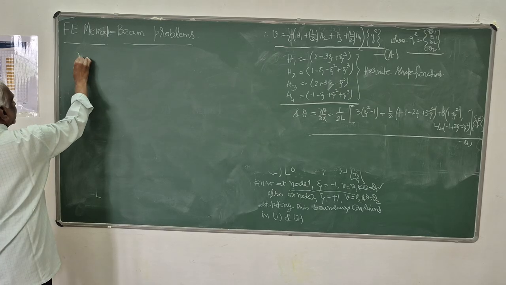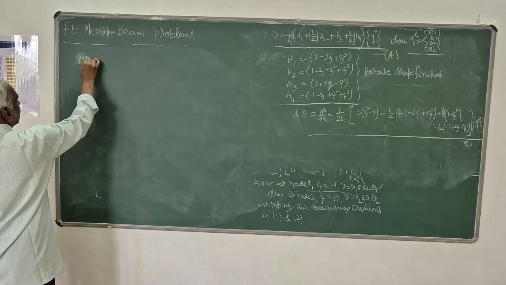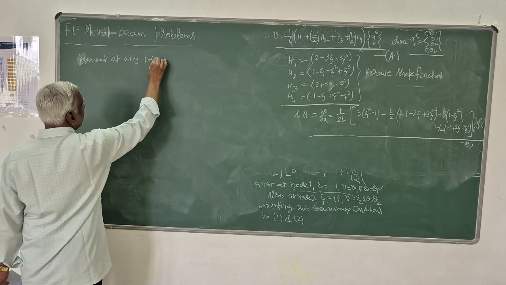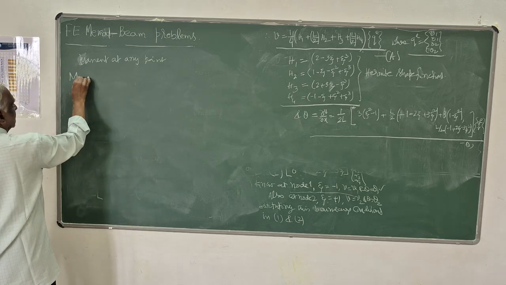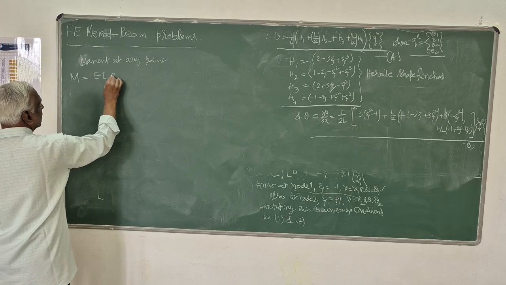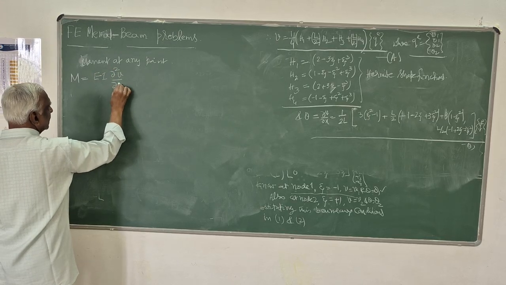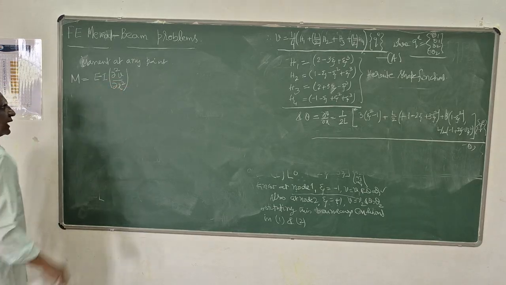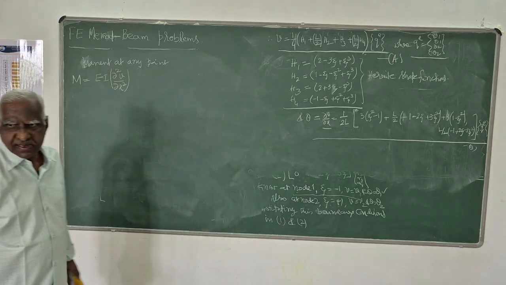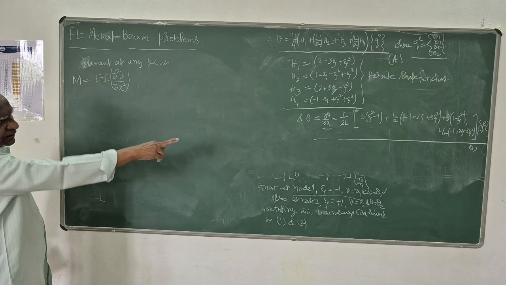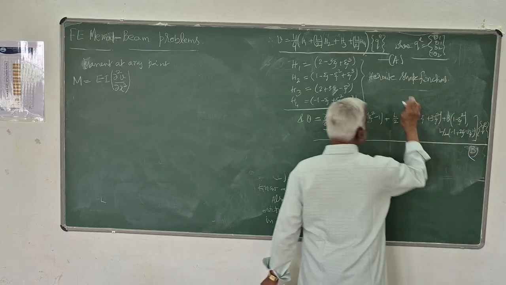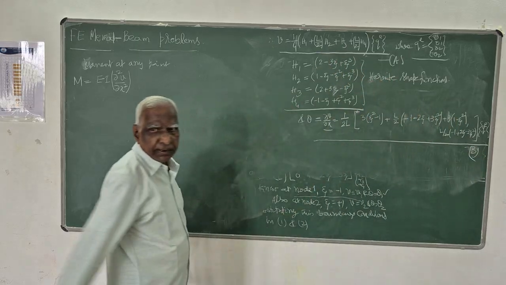So the bending moment at any point, M, is given by EI into d2V by dx square, the second derivative. This theta is nothing but dV by dx, that you know from equation B. This is equation A, equation B.